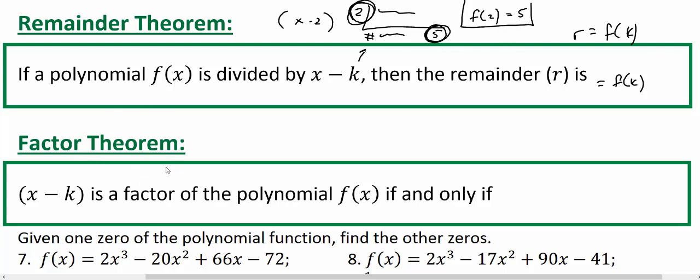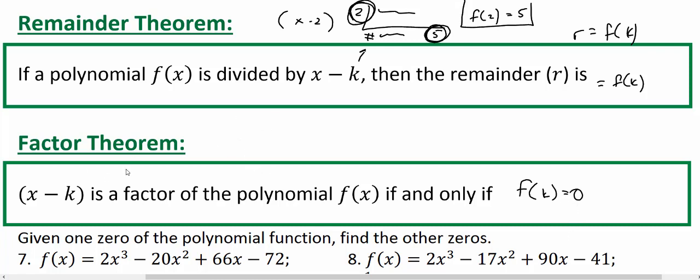Factor theorem. X minus k is a factor of the polynomial f of x if and only if f of k equals 0.